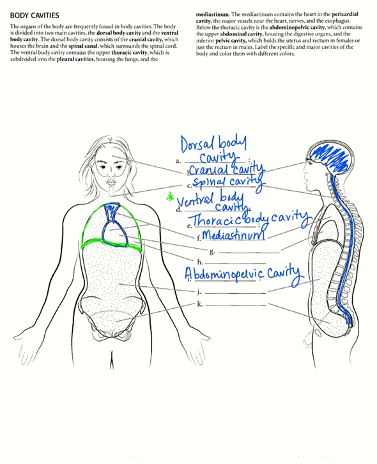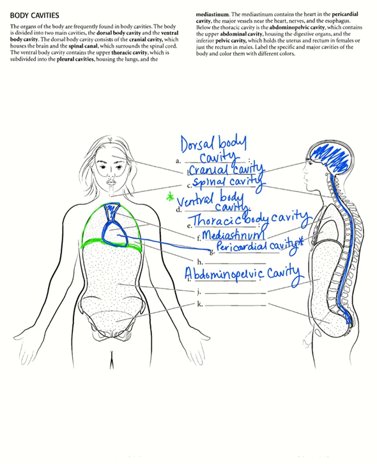And if we just isolate this bottom portion of the mediastinum, we have the pericardial cavity. Peri is the prefix meaning surrounding, cardial meaning heart.